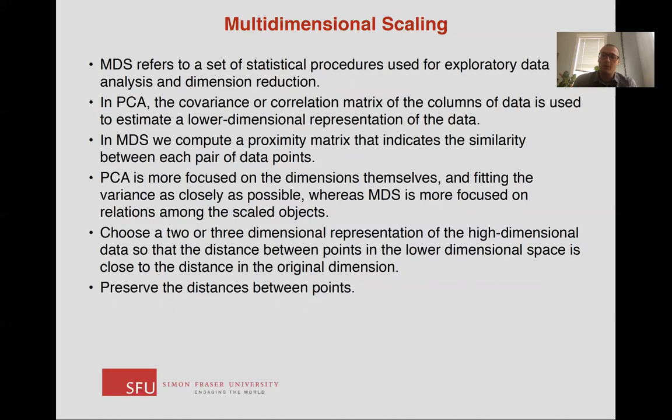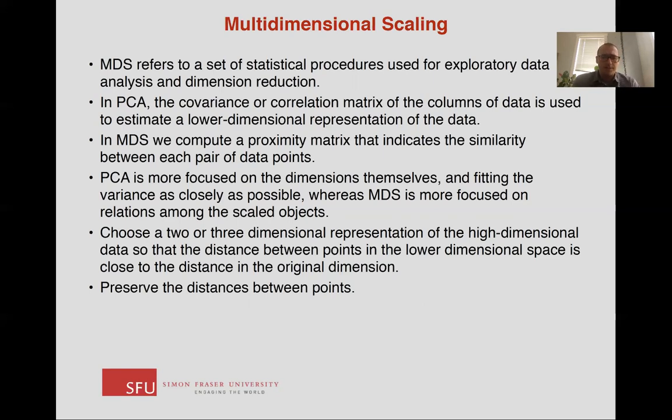If we have n rows and k columns, the proximity matrix in MDS can be n by n, right? It's telling us how similar the different rows are in our data, versus in PCA, when we compute a covariance or a correlation, we're seeing how similar the variables are.